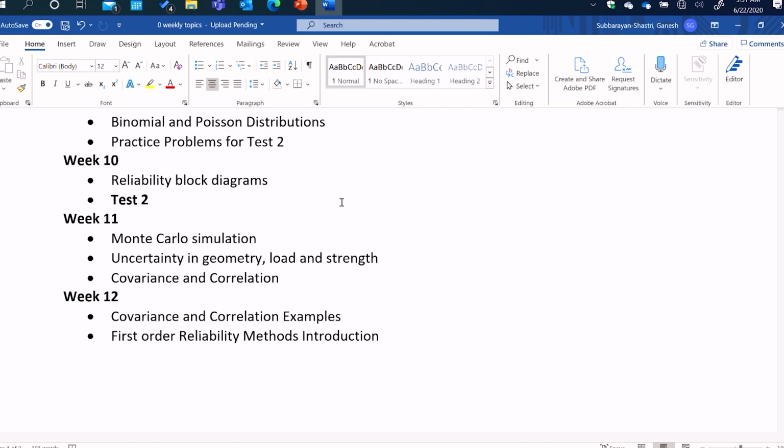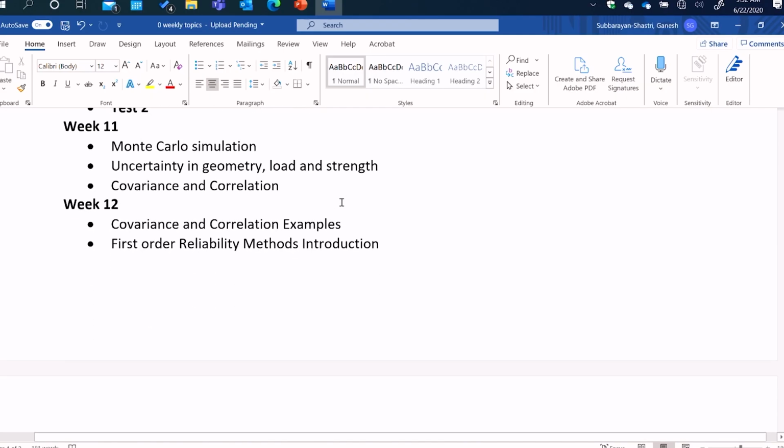And then we will begin our discussion of mechanical systems and failure in mechanical systems. We'll talk about how uncertainty in performance metrics in mechanical systems comes about due to uncertainty in geometry or load or strength. And then we will learn about the statistical concepts of covariance and correlation.